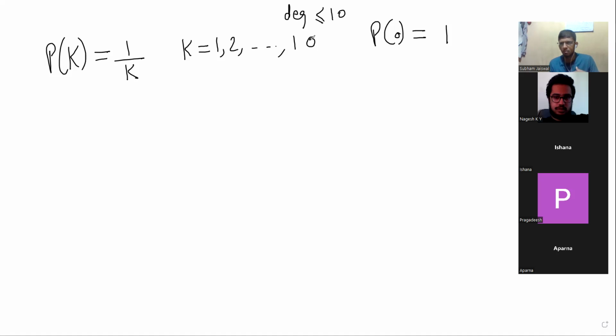Here A will just be 0, right? A will be 0. A is the leading coefficient. So what is A? You mean the leading coefficient? Yes.